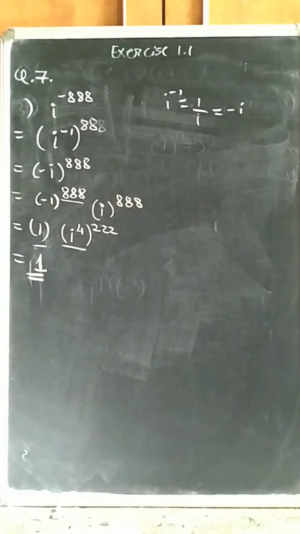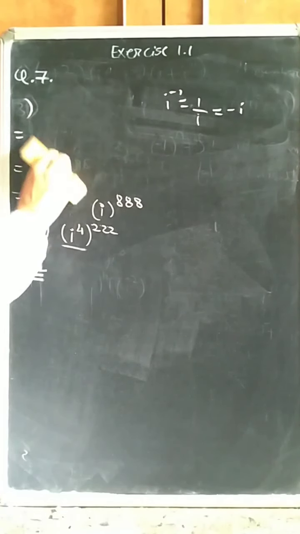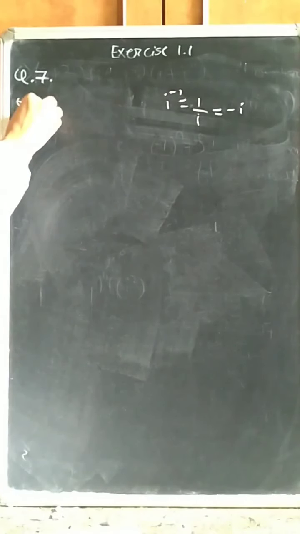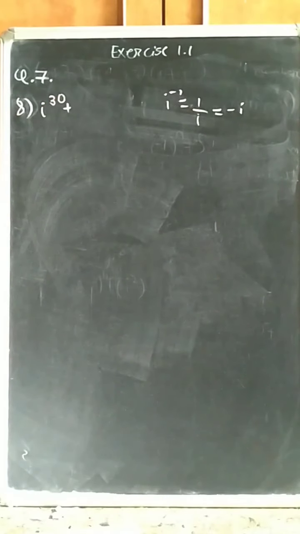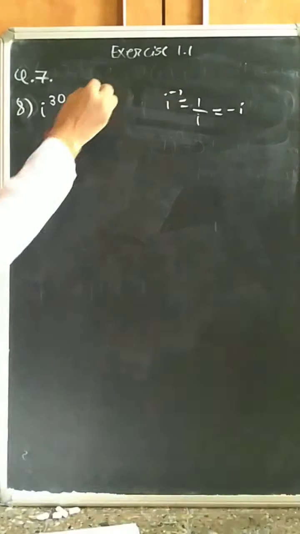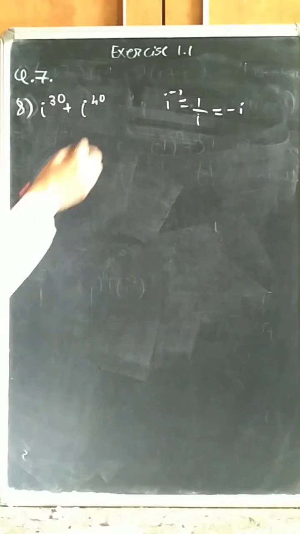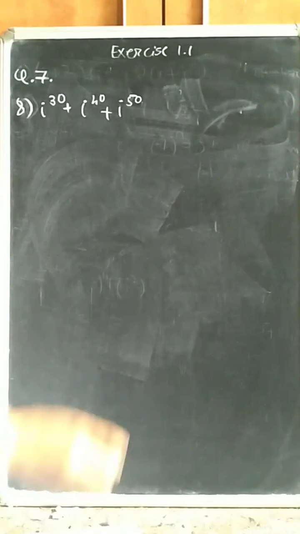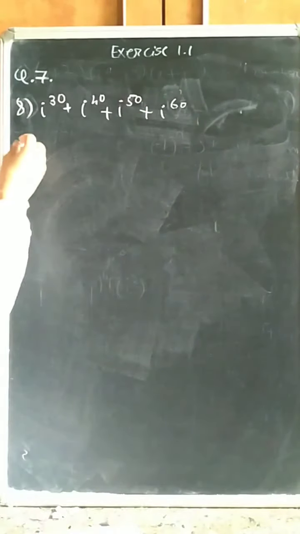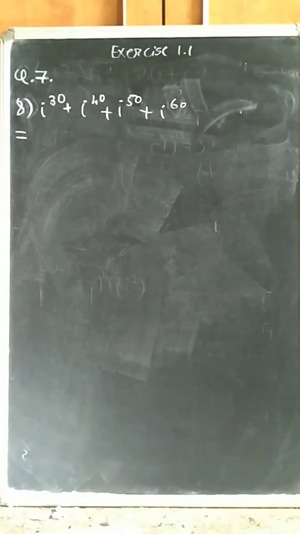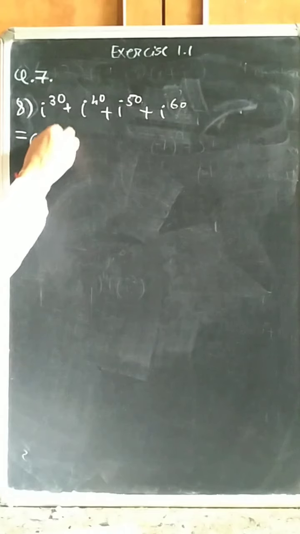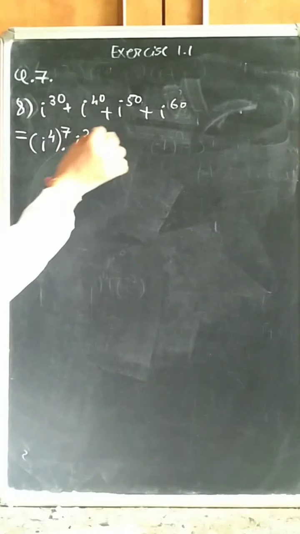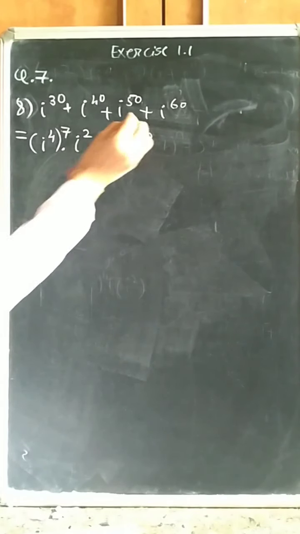Next question. This is 7th example. Now we will do i raised to 30 plus i raised to 40 plus i raised to 50 plus i raised to 60. i raised to 30 we can write as i raised to 4 raised to 7, because 4 sevens are 28 and remainder is 2. i raised to 40: 4 tens are 40.